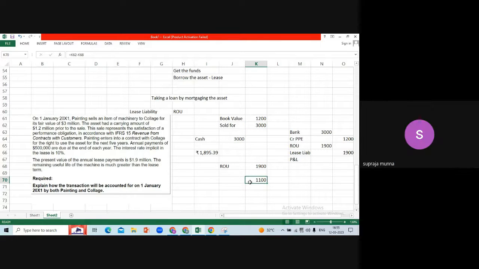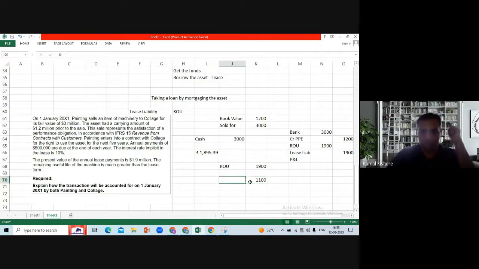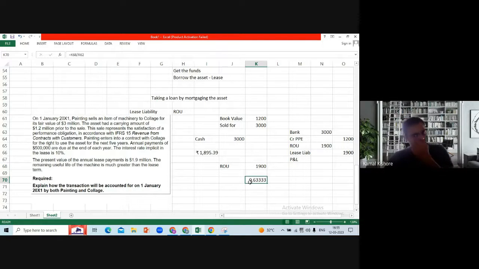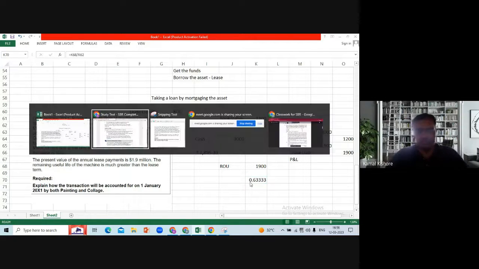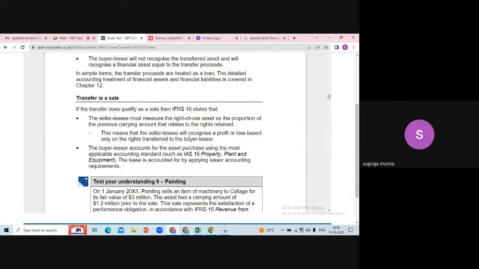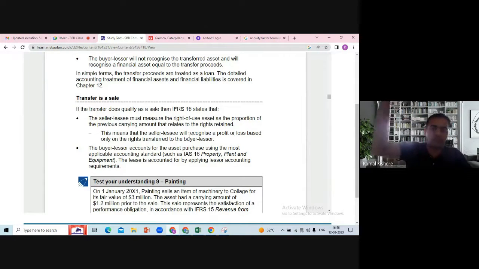One way of looking at it is, something which has a value of 3000, you are using for 1.9. So 63% of the rights have been retained. I will recognize based only on the rights transferred to the buyer lessor, the other party.